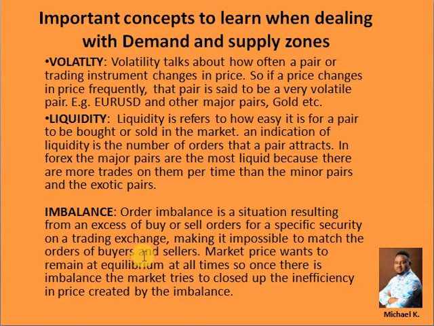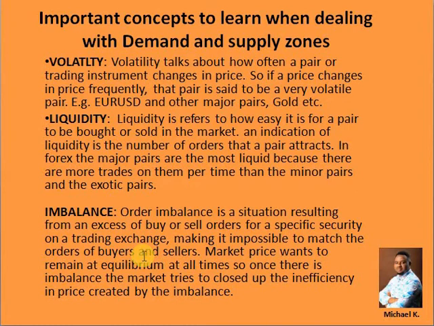Imbalance. Order imbalance is a situation resulting from an excess of buy or sell orders for a specific security on a trading exchange, making it impossible to match the orders of buyers and sellers. So like I explained in the diagram, once there's an imbalance, it means that there are either more buys than sells or more sells than buys.